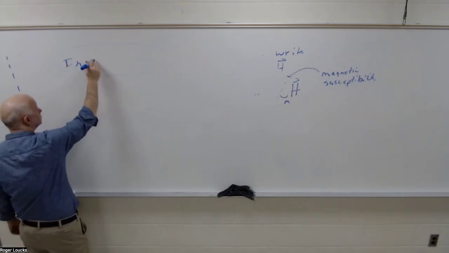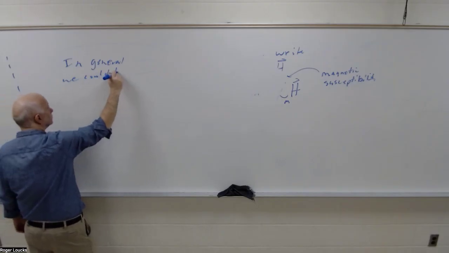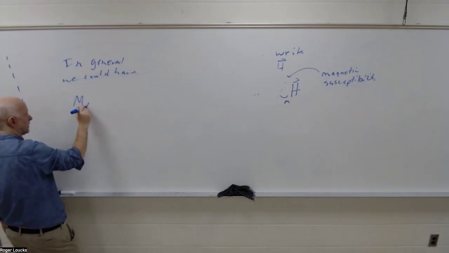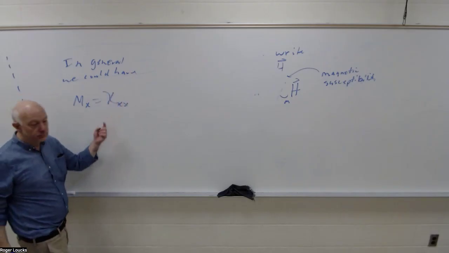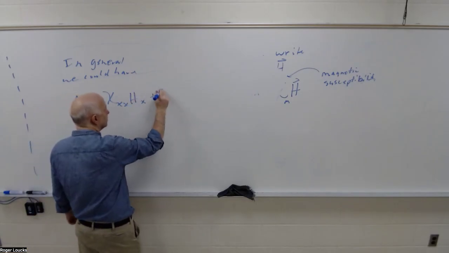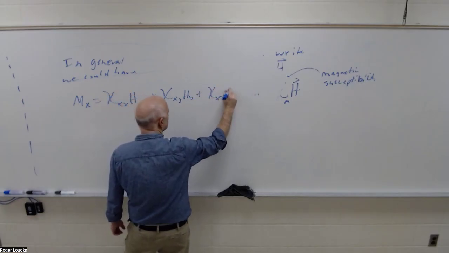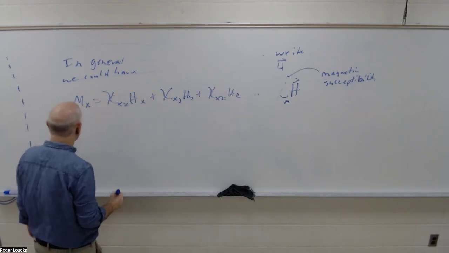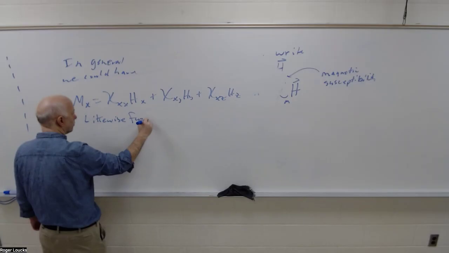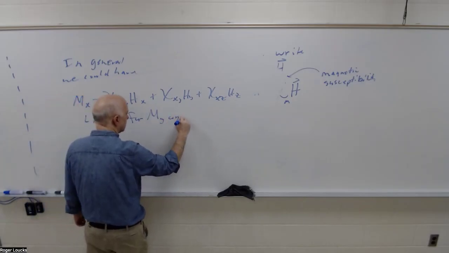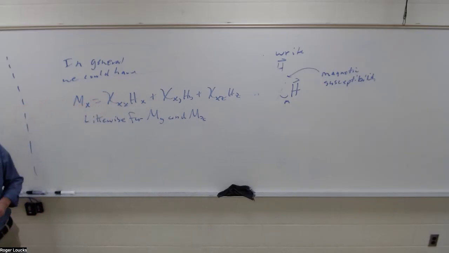So I can have, in general, Mx equals chi xx Hx plus chi xy Hy plus chi xz Hz. I'm going to suppress the M because otherwise there's too much stuff on here. And likewise for My and Mz. Okay. So how can I then put that together?